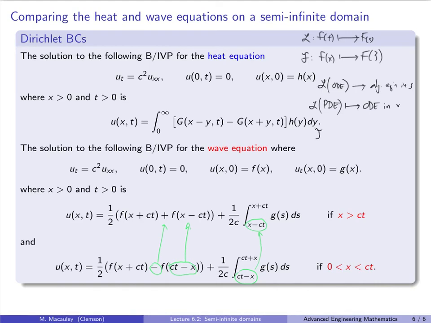Similarly, if we take a Fourier transform of a PDE in x and t, the x derivative turns into multiplication, so the only variable left is t, and we get an ODE in t. That's what we're going to look at in the next lecture. Stay with us.